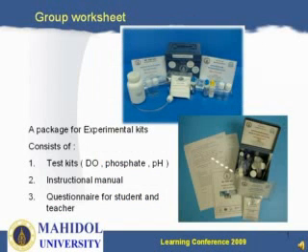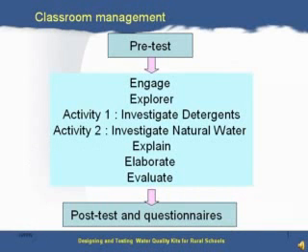For the hands-on experiment, we will give students a test kit, an instruction manual, and a questionnaire for students and teachers. It was designed to translate inquiry into activity. In the engage step, the teacher poses questions such as, why is detergent in wastewater important?